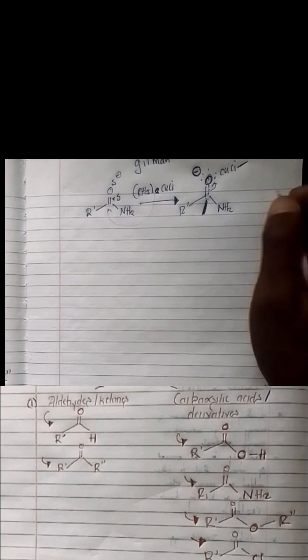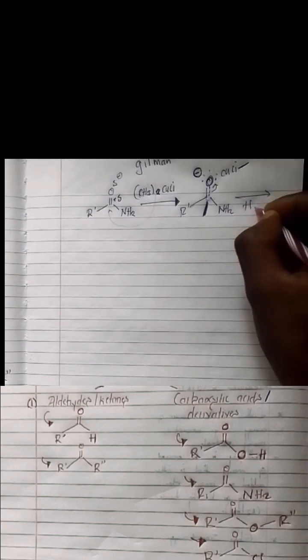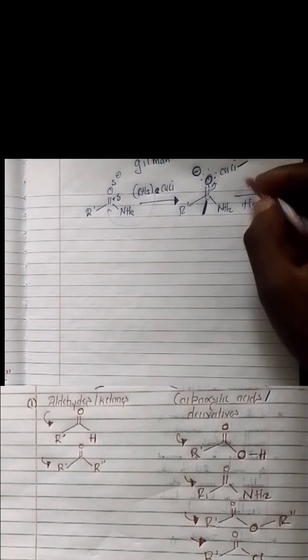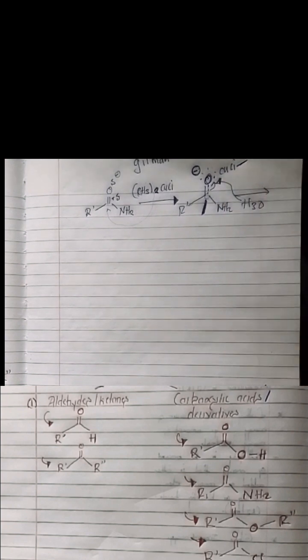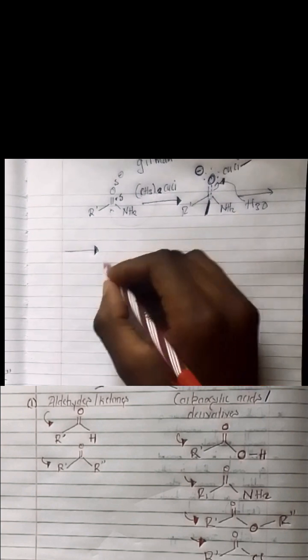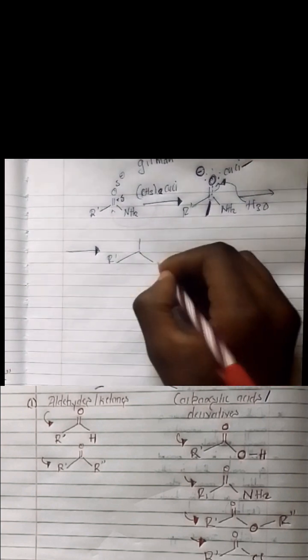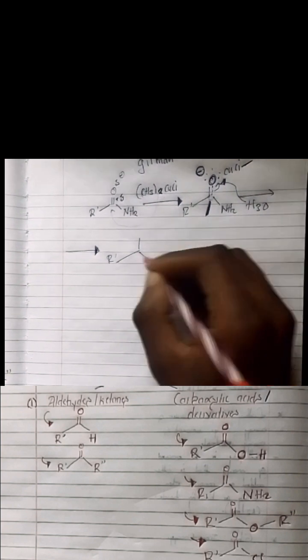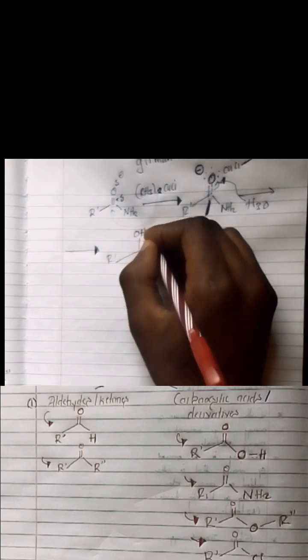If you add some hydronium ions, protonation can occur, and then your final product will look like this. Same as before: you have your Ar group attached there, that's your amine group, your methyl group, and then you have your alcohol group. And then this group will leave. So this will be your final product.